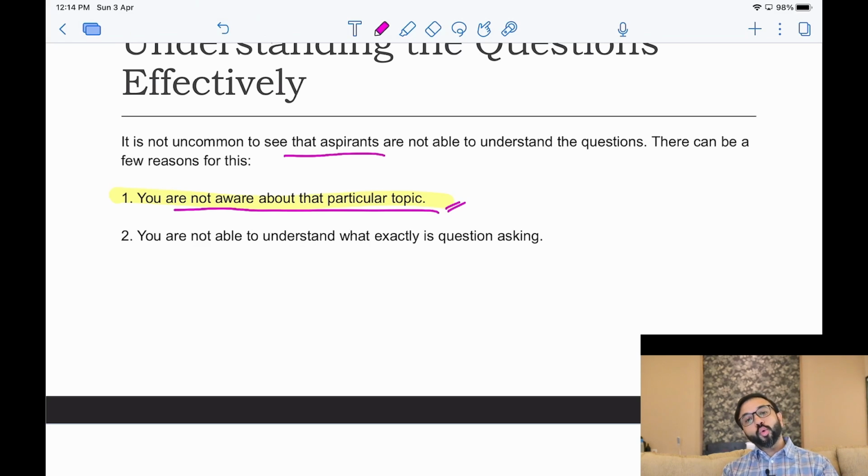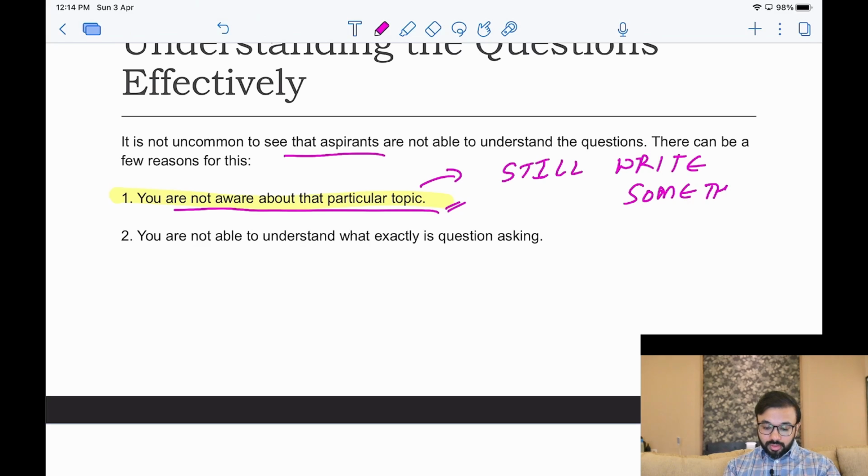And if you don't know it, then I will tell you a method in order to be still able to write something. तो अगर आपको बिल्कुल भी नहीं आता and still write something, I will tell you how to do that. Okay. And the second reason is that you are not able to understand what the question is asking.